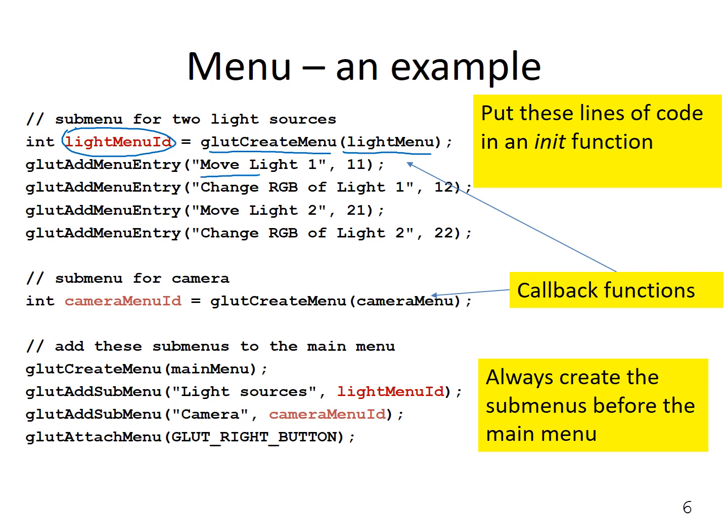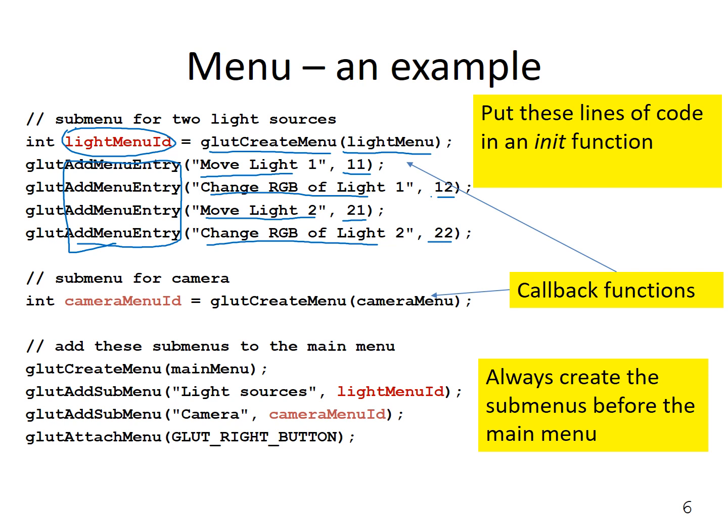The first entry is move light, that will return the integer 11. Then change RGB of the light, that will return 12. Move light 2, that will return 21. Change RGB of light 2, that will return 22. So these are all menu entries that would be associated with the light menu.